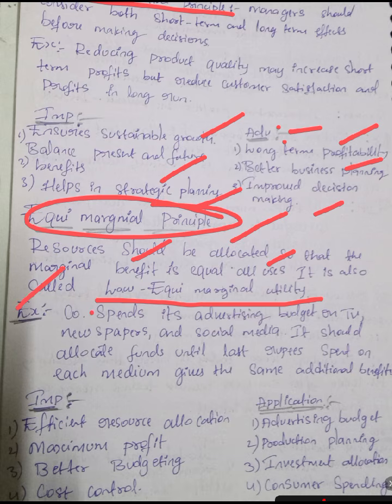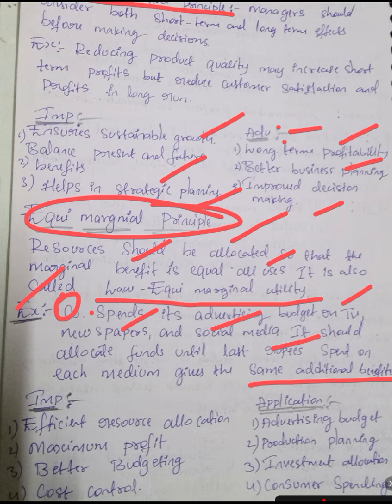CEO means company here. The company spends its advertising budget on TV, newspapers and social media. It should allocate funds until the last rupee spent on each medium gives the same additional benefit. Am I clear?